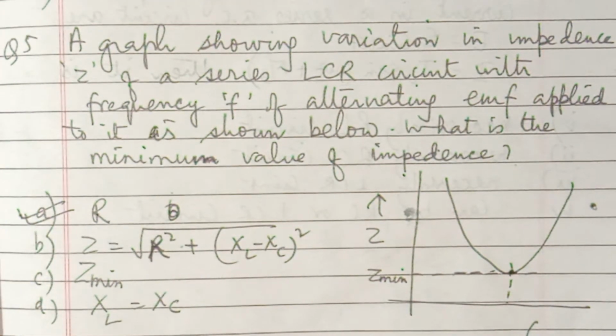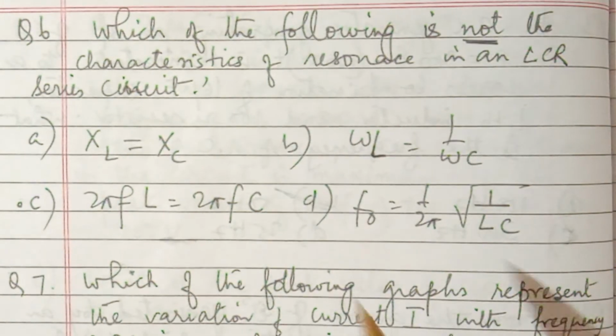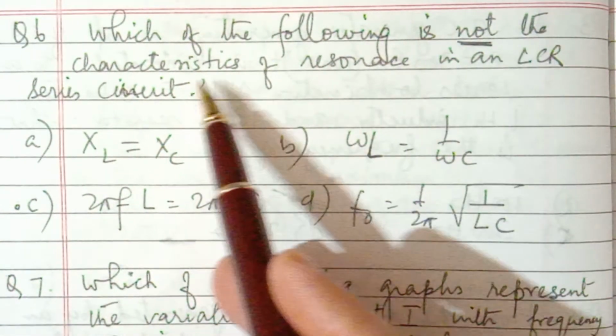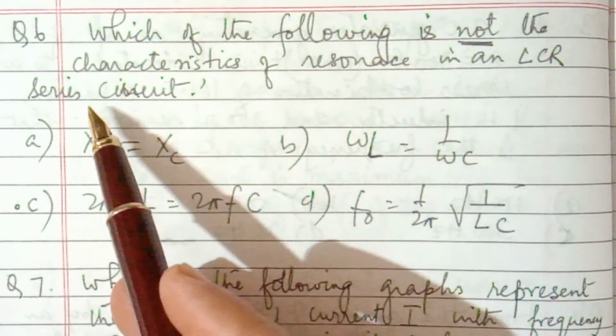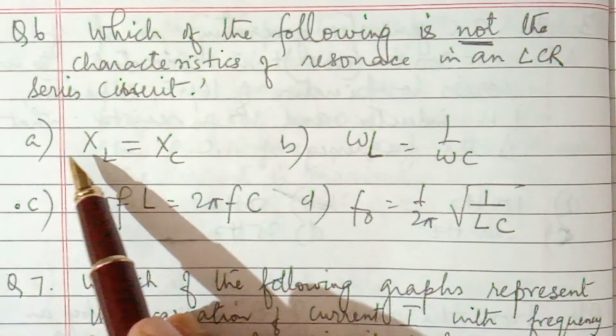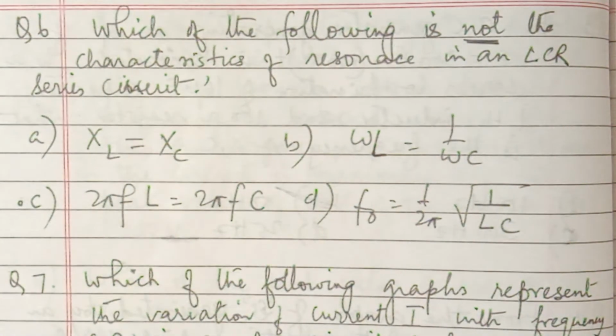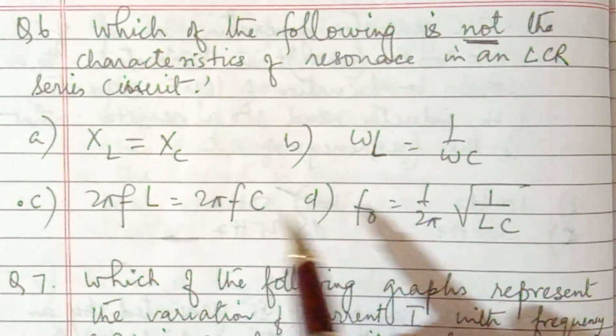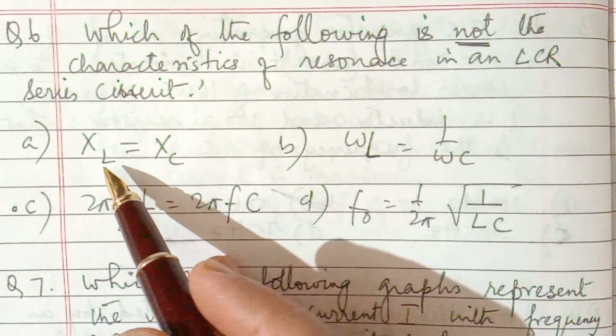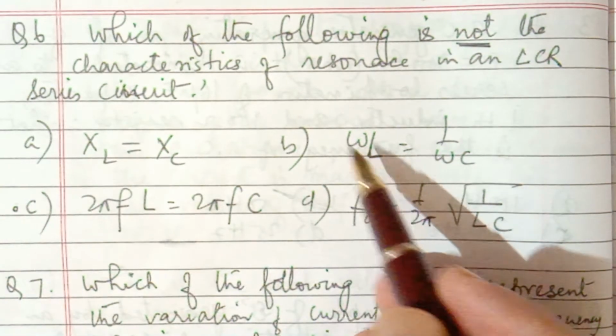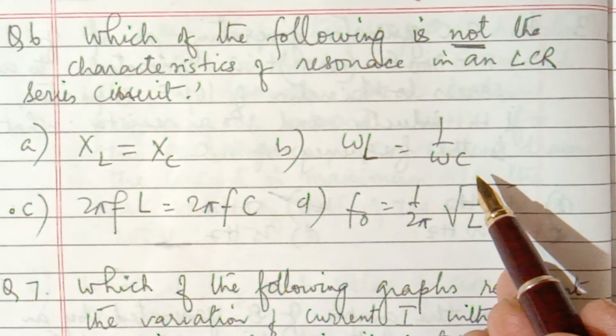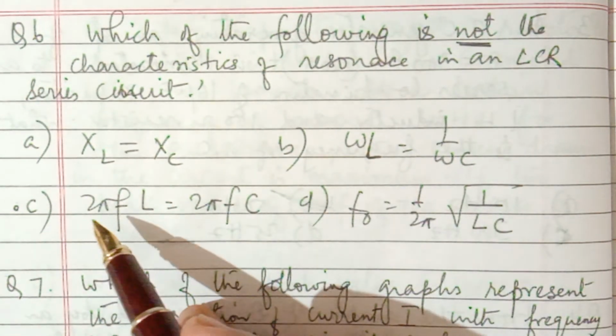Okay, so next question is, which of the following is not the characteristics of resonance in an LCR series circuit? So XL is equal to XC, so this is okay, this is true. Then you replace the value, XL is omega L, XC is equal to 1 by omega C, so this is also correct.